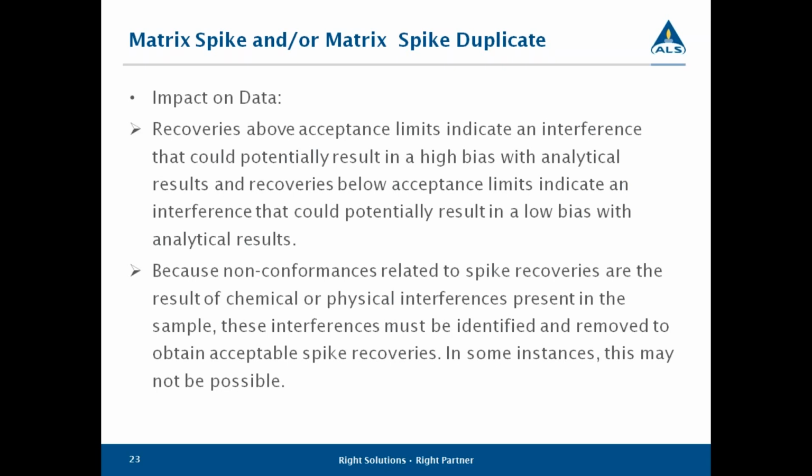And then it comes back, the spike, very, very little to no recovery. What's very likely happening there is there's a reducing agent in the sample that is reducing the hexavalent chromium to trivalent chromium. So it's not a failure of the analysis. The matrix spike is doing its job. It's telling you that there's something there that is creating a low bias in your analytical results. And this is a very good tool for the user to know that something is going on with the sample.